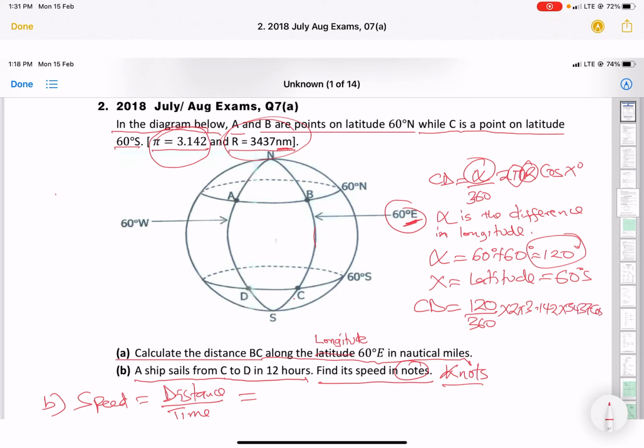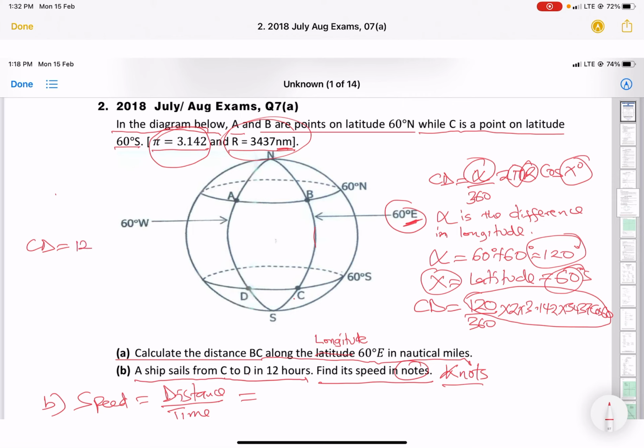Then cos x, where the latitude is 60, so cos 60. So CD is equal to, we plug these values into the calculator.